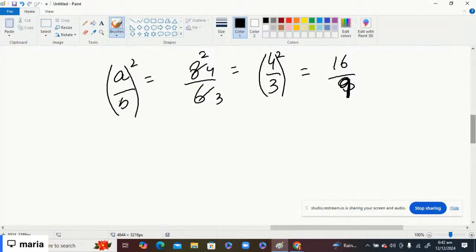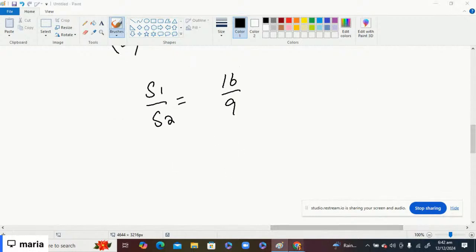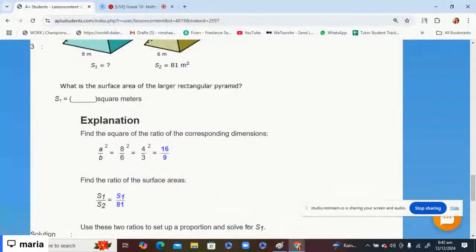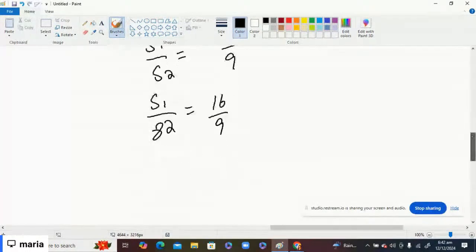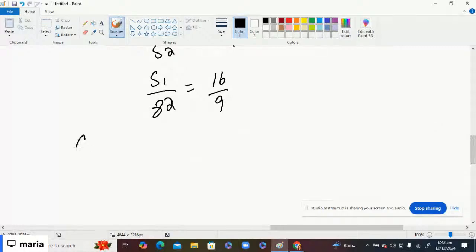And now dividing S1 over S2, that is equal to 16 over 9. What is S1 and S2? S2 is given, this is 81. S1 is missing, 16 over 9. Now cross multiply, remaining is same. 16 times 82.